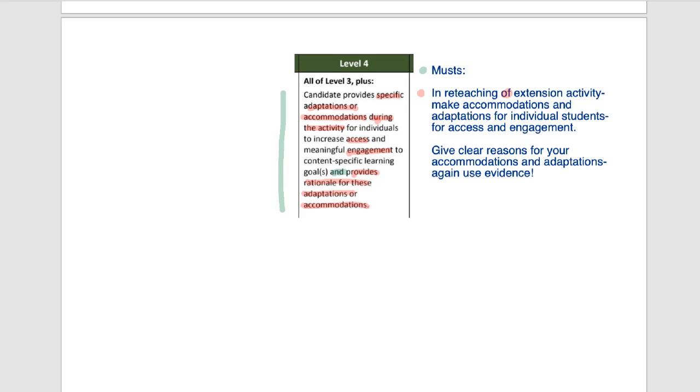All right? So make sure that you have both of these, accommodations and adaptations, and this time you're really thinking about individual students. And the two things they want you to focus on are access: how are students able to get into the lesson?